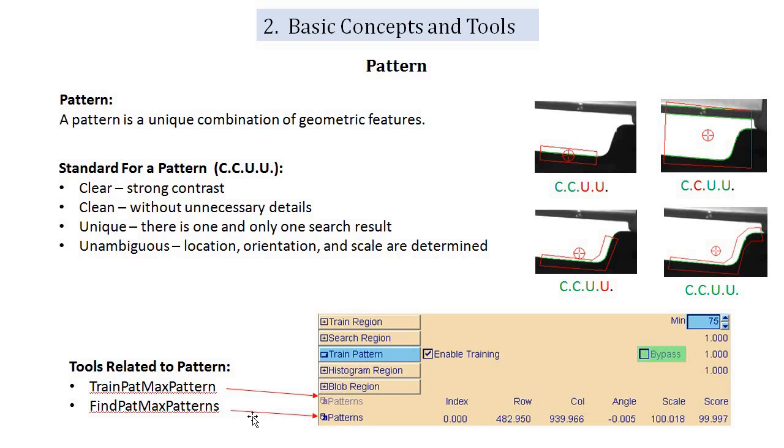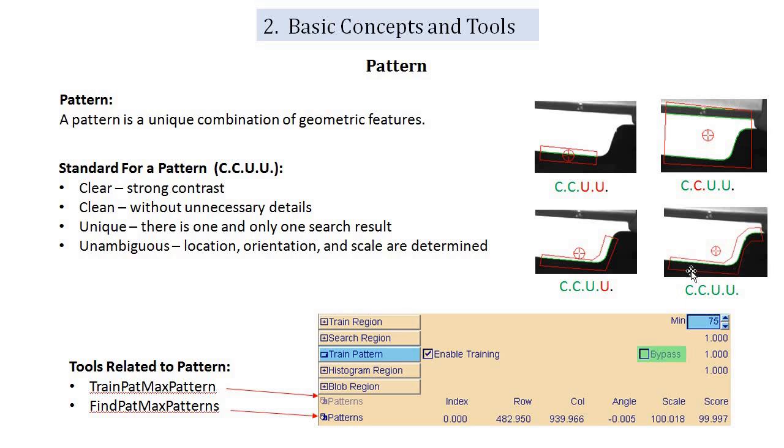Then after that, we'll need to find the pattern. In order to find the pattern, you need to make sure that the search region is good. The search region needs to cover the pattern. At least like this big, but it's still insufficient because the part location, the feature location can vary from part to part.